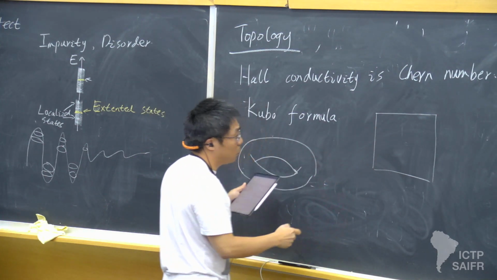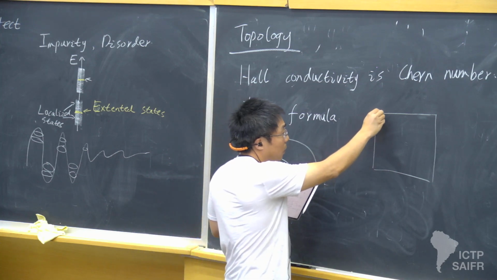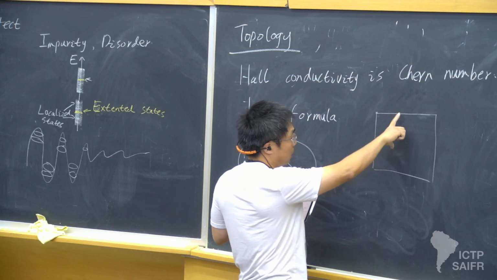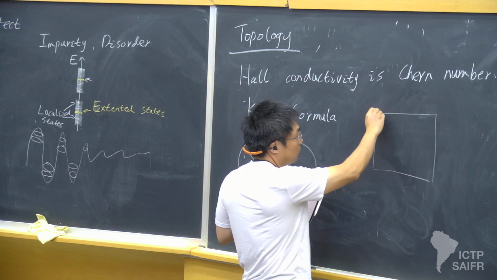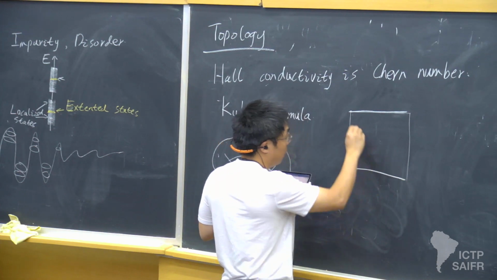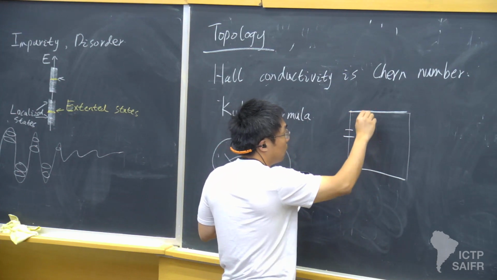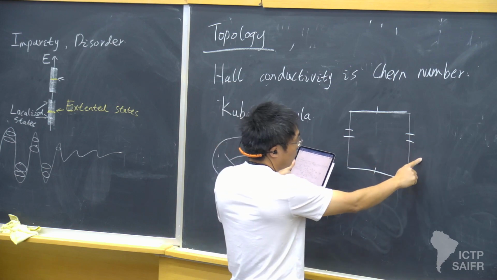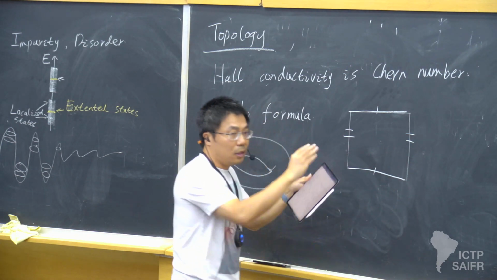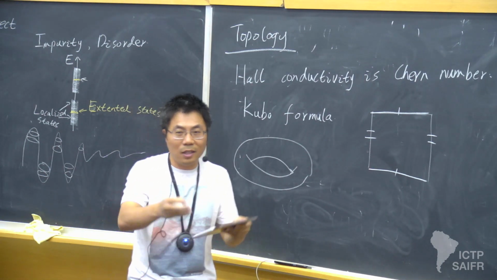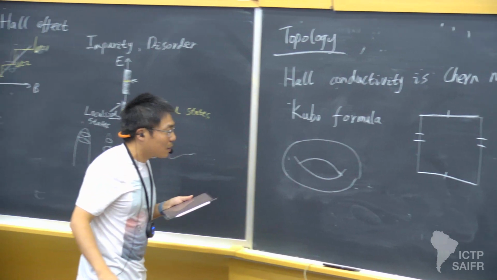The torus geometry is really just that you take periodic boundary conditions for both the x and y directions. It's like you glue the top boundary with the bottom boundary, and the left boundary with the right boundary, and then you get a torus. You can play with a paper, then you will see it.